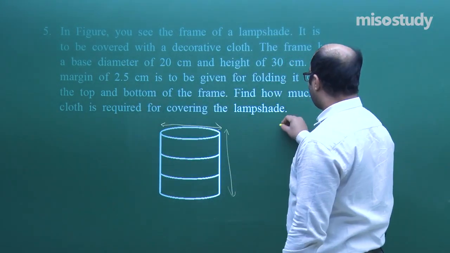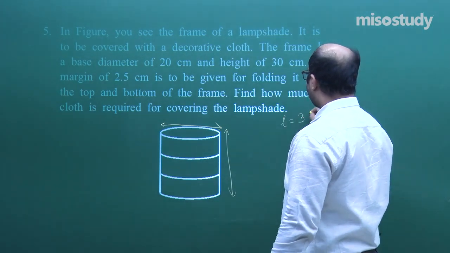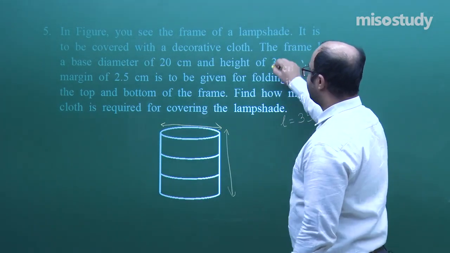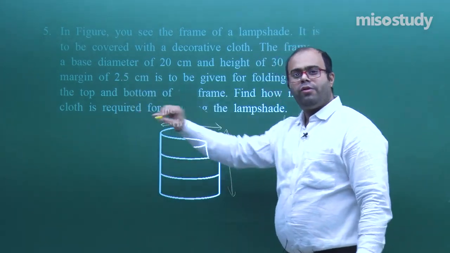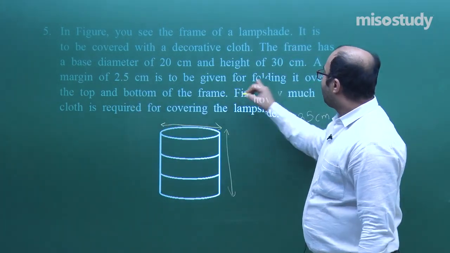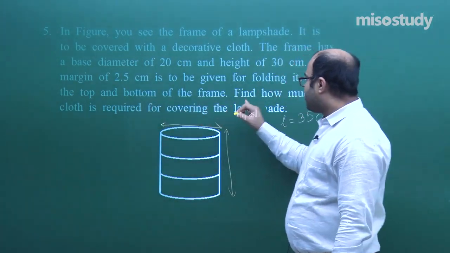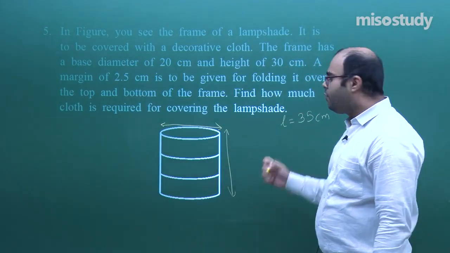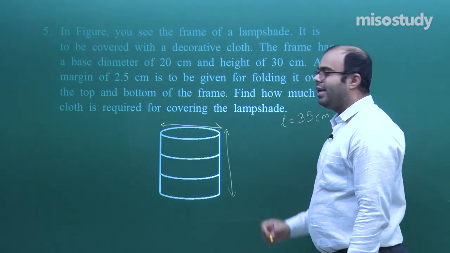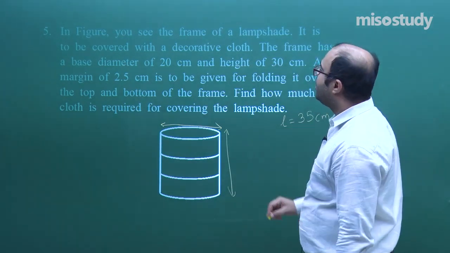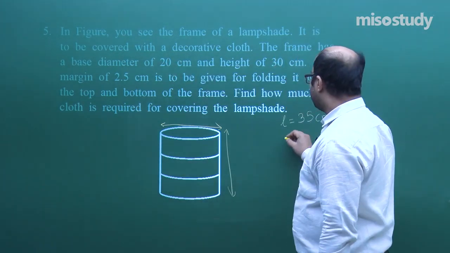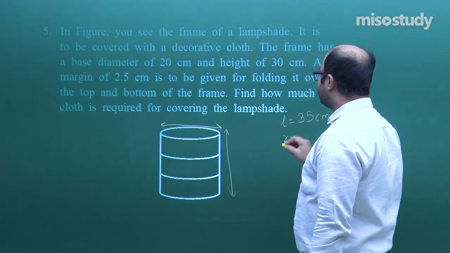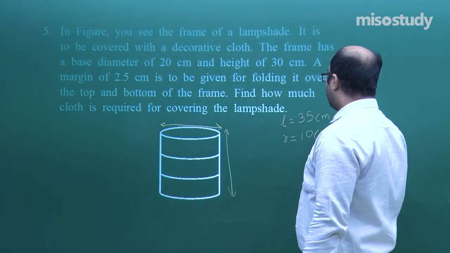So the actual length of the cloth is 35 centimeter, not 30 centimeter, 2.5 above, 2.5 below also. For folding it over the top and bottom of the frame, find how much cloth is required for covering the lampshade. So if we want a cloth of length 35 centimeter and the base diameter is 20 centimeter, that is, the radius is going to be 10 centimeter, half of this.